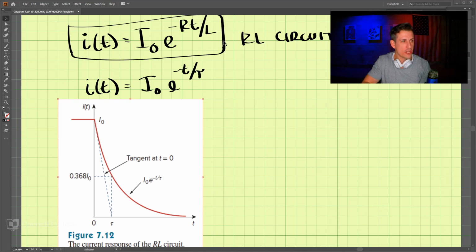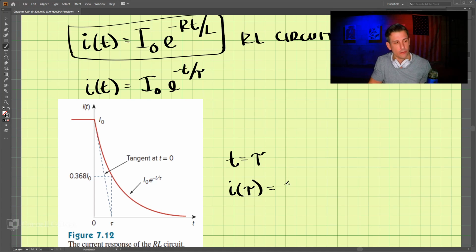So for this equation here, we can see the response for the current: once t happens, the current gets smaller and smaller. So we have this initial current and then it goes down here. At t equals tau, the current is equal to 0.368 of the original current.